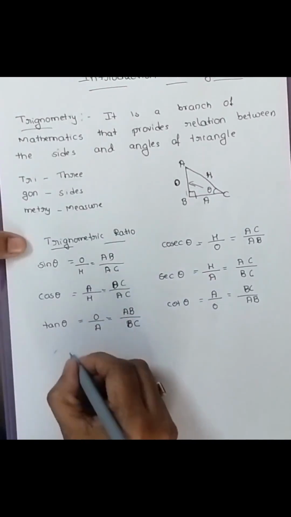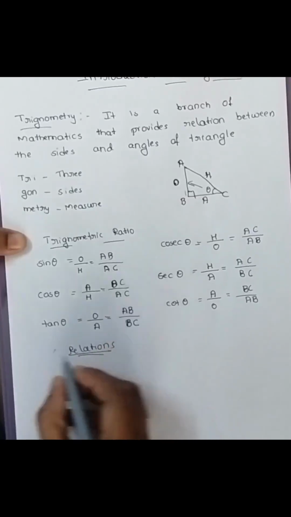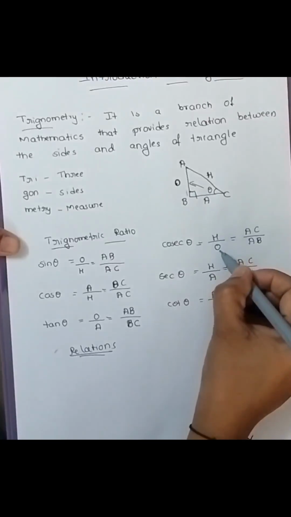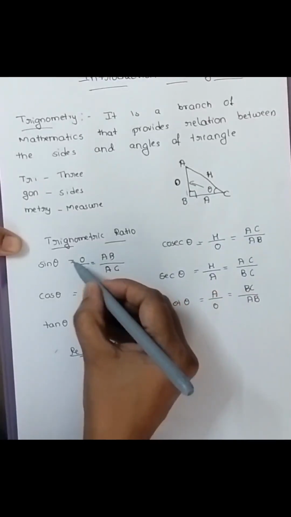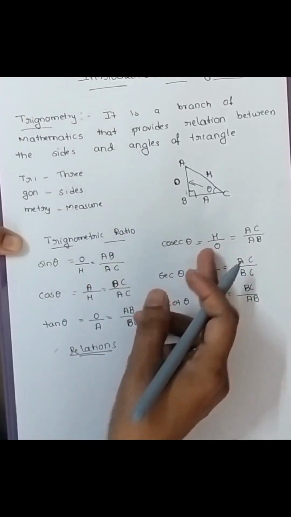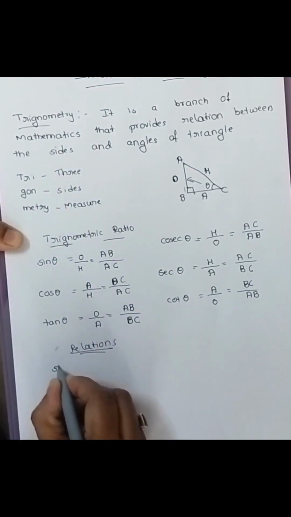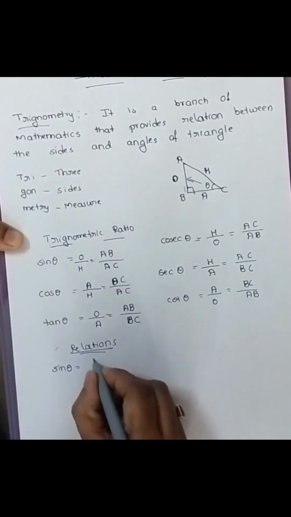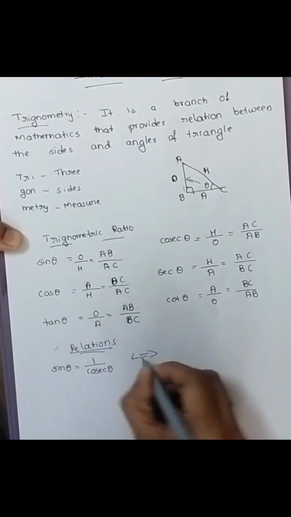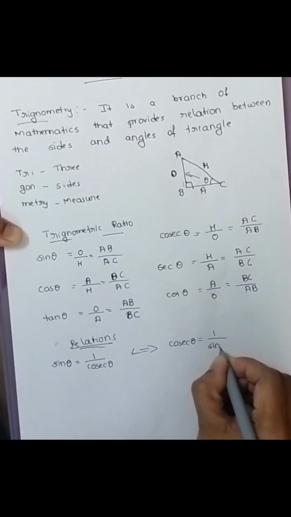From the observation we can establish a relation here. We can see that cosec theta is hypotenuse by opposite, whereas sin theta is opposite by hypotenuse. They are inverses of each other. Similarly, cos theta and secant theta are inverses of each other, which we can write as sin theta is the inverse of cosec theta, or cosec theta is the inverse of sin theta.